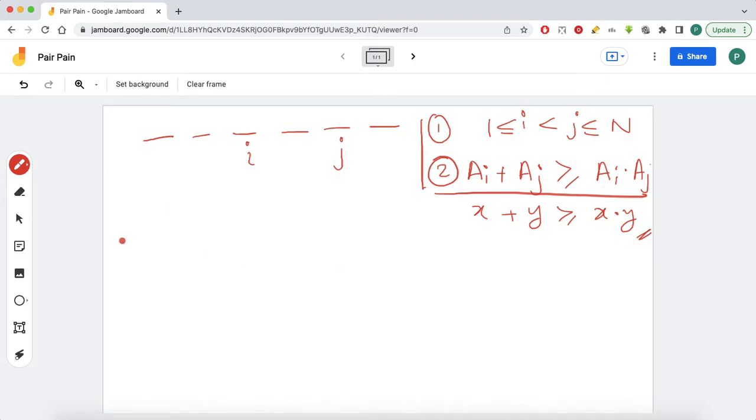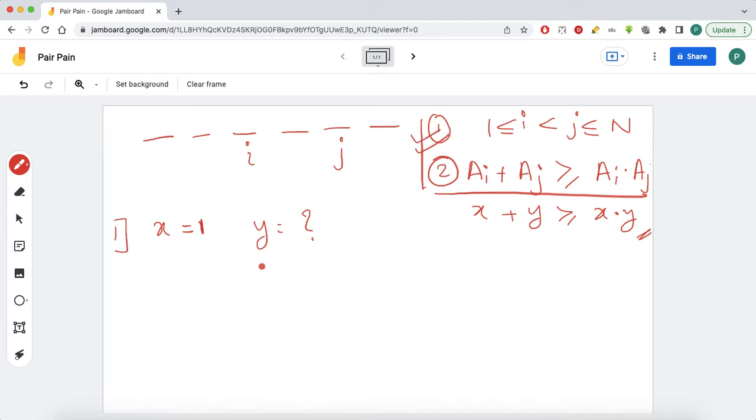So let's see some observations here. The first observation is that let's say that x is 1. So what are all the possible values we can get for y? Of course, we are assuming that this condition is satisfied.